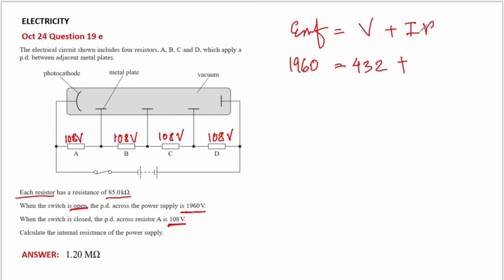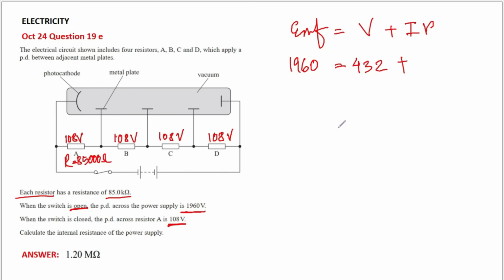Now you have to find out these I, everybody. And for this, you don't have to consider all of them. You know the resistance of, let's say, A. The resistance is 85 kilo ohm, which is basically 85,000 ohm, right?